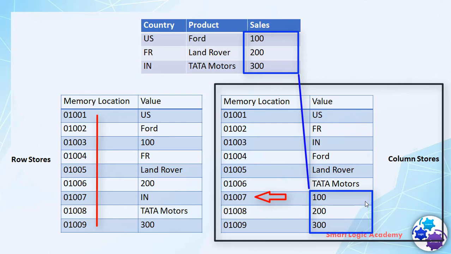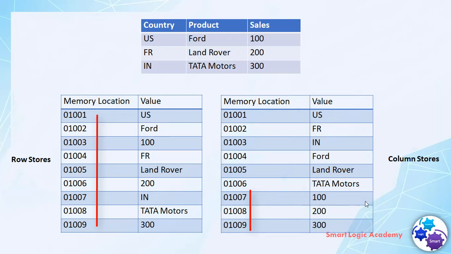So to find the matching record, we only have to scan through these three records. From this example, you can conclude that row-based systems are not efficient at performing searches based on values of a few columns, whereas column store performs much better.